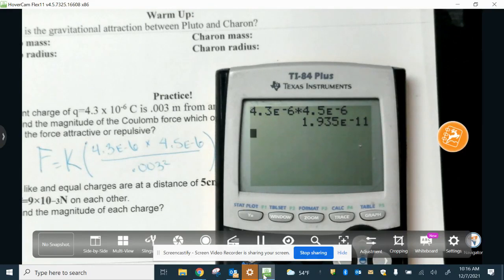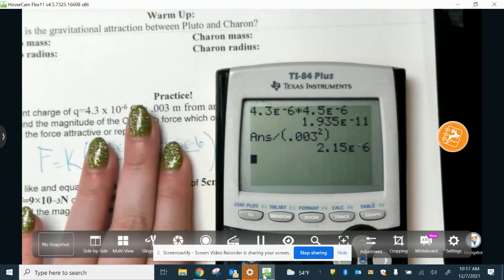Everybody get that? Then you divide it by 0.003 squared. Notice I'm using parentheses, because if I just put divided by 0.003 then squared outside of that, it could square my answer, and that's not what I want. So I'm left with 2.15 times 10 to the negative 6. That is what all of my parentheses is equal to.